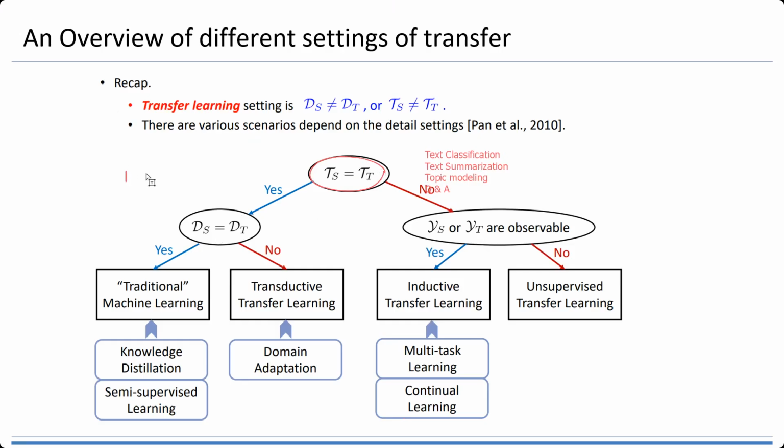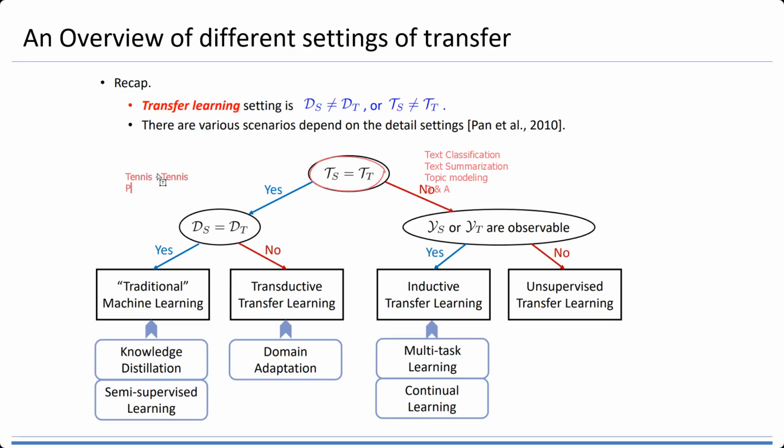So the domain means, let's say, I use the data on the tennis. So the domain is I have the data on the tennis, and then I want to transfer also on the data related to the tennis. Then the domain is the same.